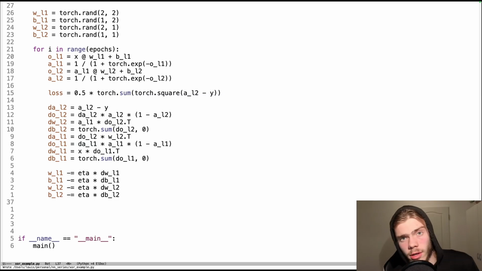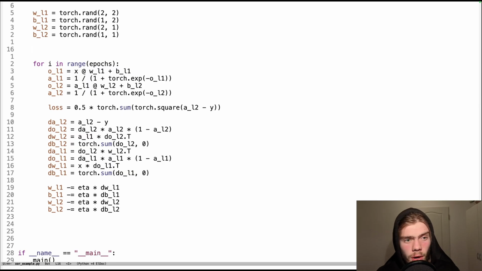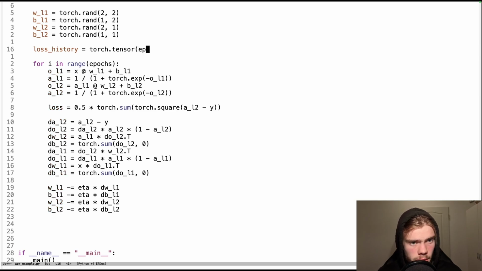And for the sake of visualizing the progress we made inside the training loop, we also want to store the individual losses of the epochs. So we need a list that can fit all of the losses of the epochs. That is, we can have a loss history tensor, and that is a torch tensor of size epochs. And let's say the dtype is also torch.float.